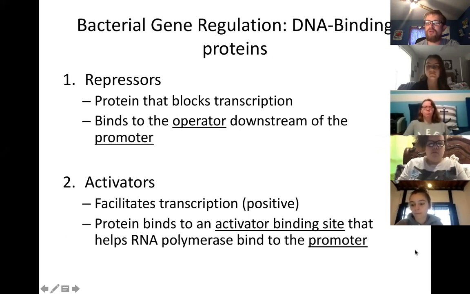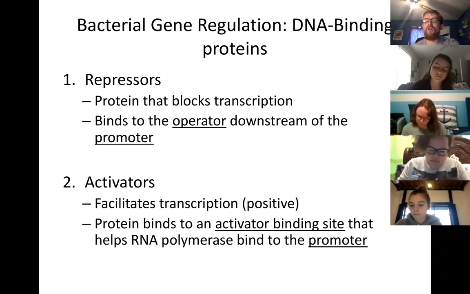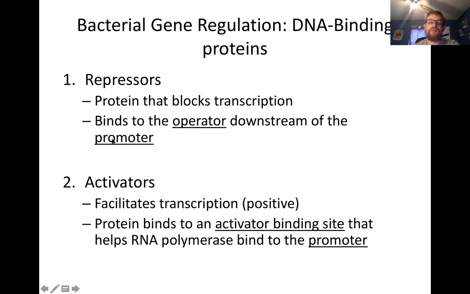Noel? The RNA polymerase. RNA polymerase, right? RNA polymerase is interacting with DNA to make messenger RNA. So if we're blocking transcription, we're blocking RNA polymerase from being able to bind to DNA.